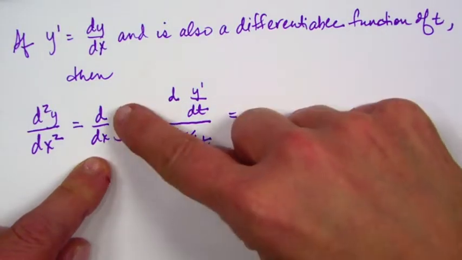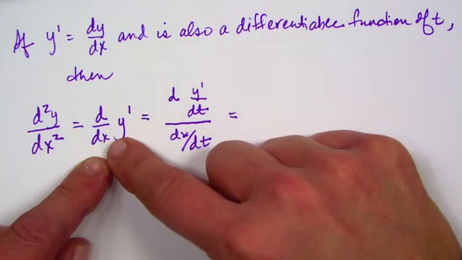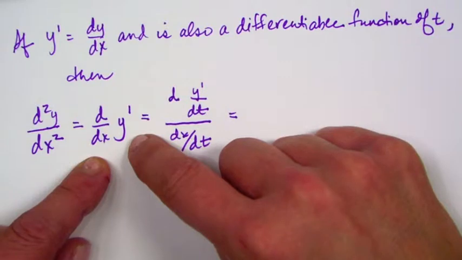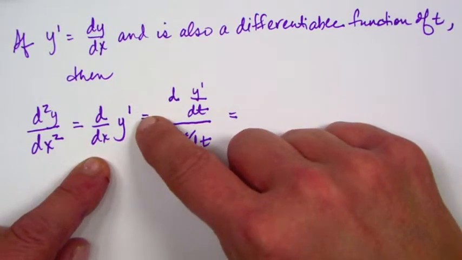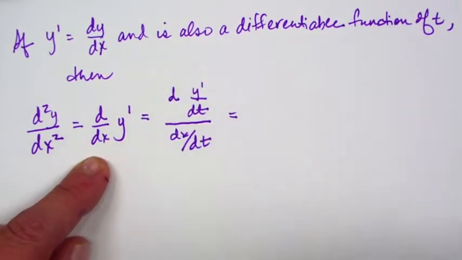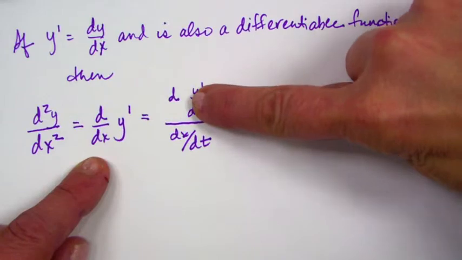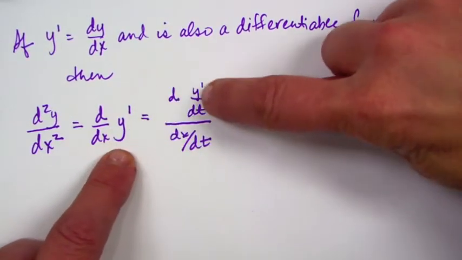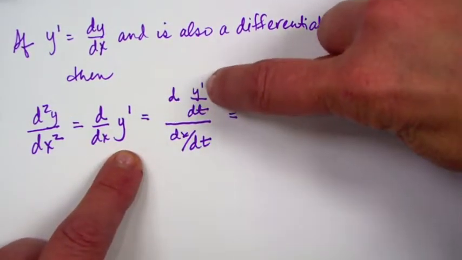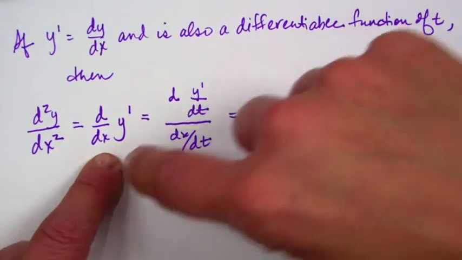To get the derivative of y prime, which is dy/dx, it's in terms of t. It has t's in it. So if I want the derivative of y prime, I've got to take the derivative of y prime with respect to t.